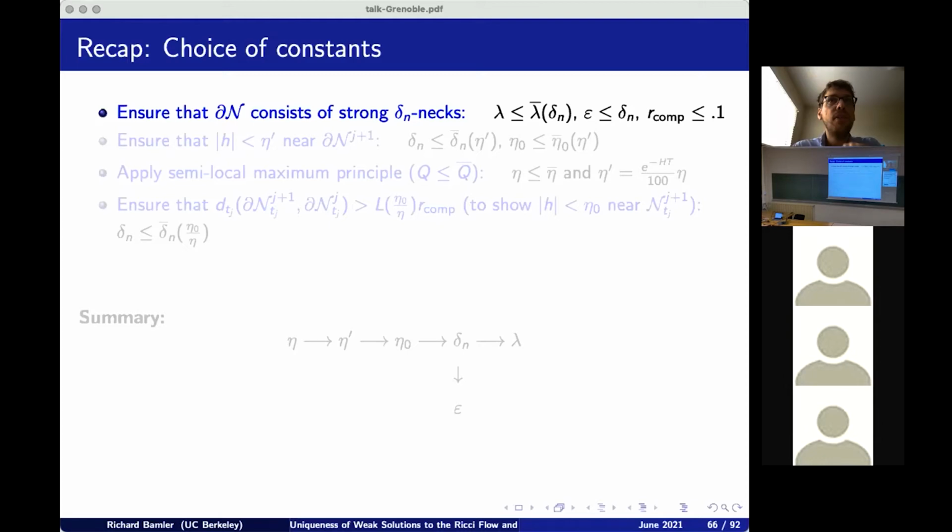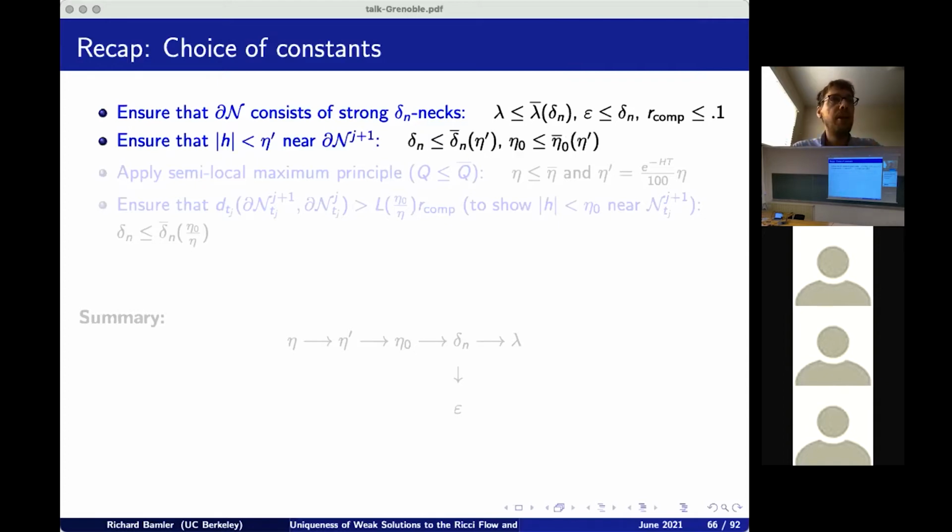In order to achieve this, we have to choose epsilon less than delta n to make sure that locally every point is close enough to a Bryan soliton. We also had to choose lambda small enough, depending on delta n, to ensure that we're not too close to a Bryan soliton. We always wanted to be in the case where we're close to a delta n neck. So the important thing is we had to choose lambda small enough, depending on delta n.